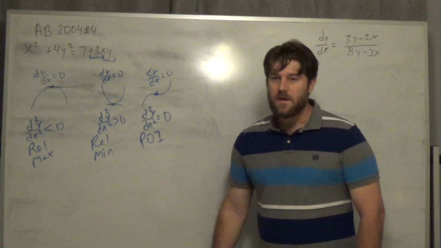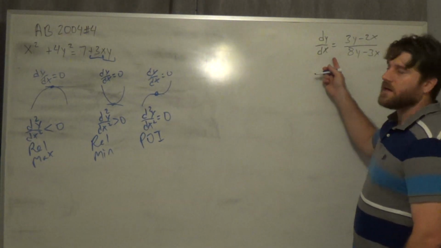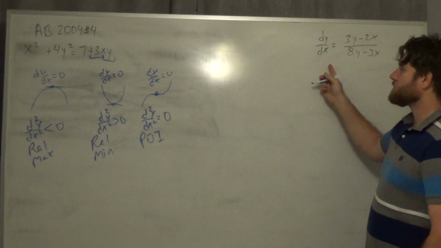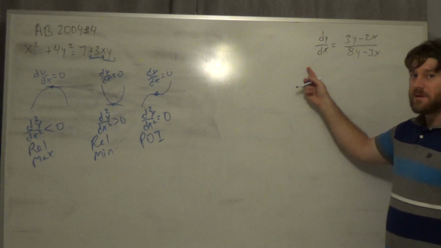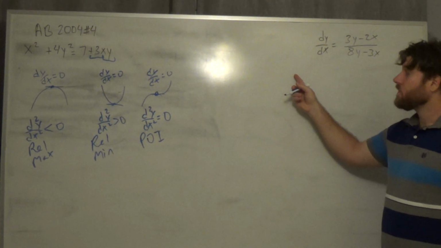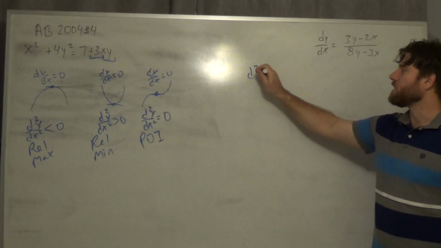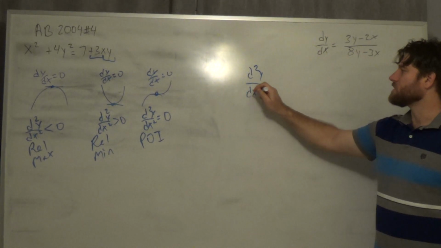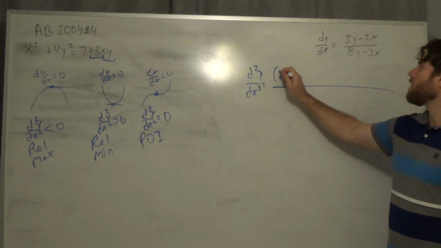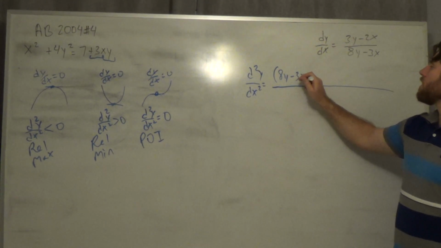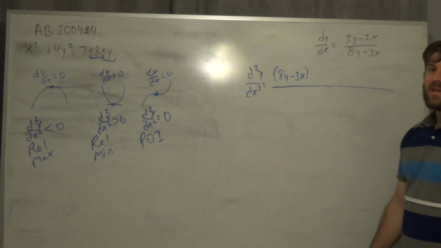So, in this problem, they first ask us to find the second derivative, and it's not going to be that fun. I'm going to have to do quotient rule, but we're strong people, so let's see if we can do this. So we have low d high, minus high d low, all over low.